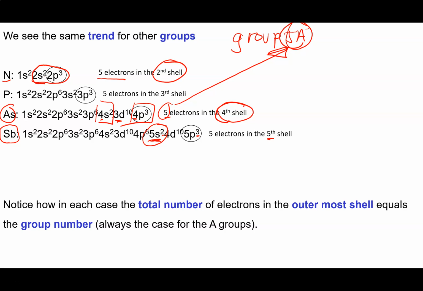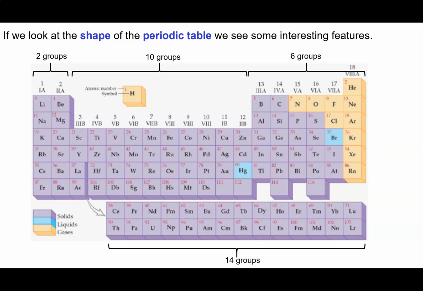So what you'll notice is that the total number of electrons in the outermost shell always equals the group number for an A group element, for those elements that are called the representative or the main group elements. Okay. So there seems to be a relationship between the position of an element in the periodic table and its electron configuration.